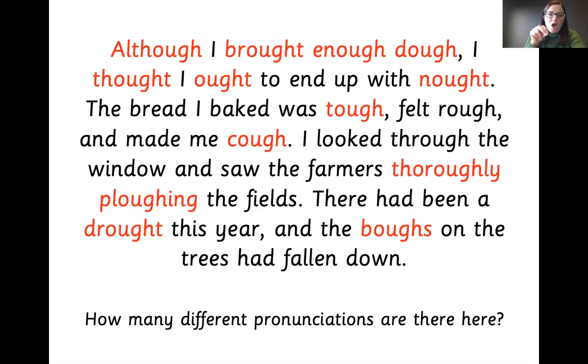Dough, we've got the O again. Thought, or, ought, or again, to end up with naught, that's the or again. Naught is the same as saying nothing. The bread I baked was tough, so there we've got the uff sound again. Felt rough, there's the uff, and made me cough, there's the off sound.